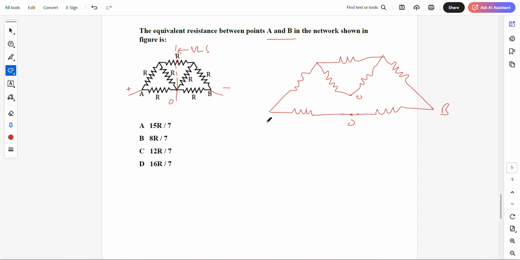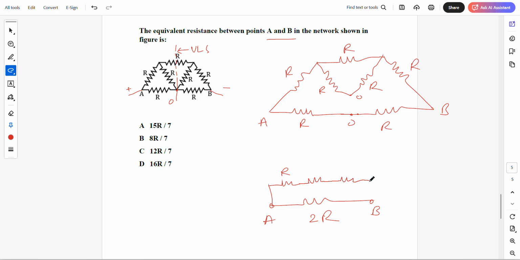Okay, this is P and this is A. This is R, R, R, R, R, R. Now, what is the relation between A and B? R and R, that is 2R. Okay, this is R, and this one R.